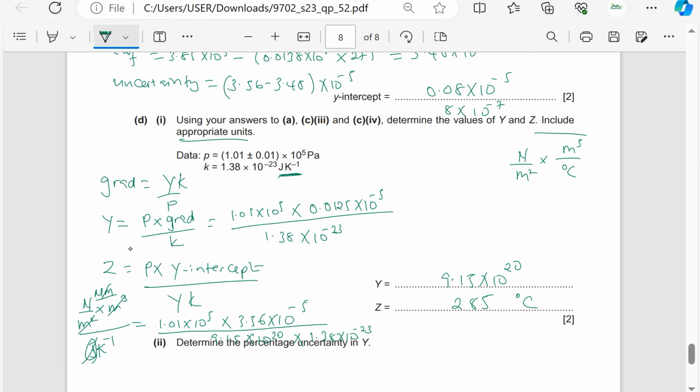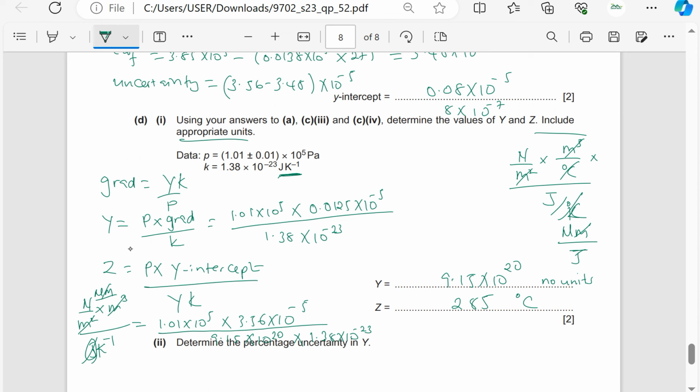Then K is joules per Kelvin. Remember, a change in Kelvin on the Kelvin scale is the same as a change in degrees Celsius. So this can be joules per degree Celsius. So degrees Celsius cancels out. This reduces to newtons meters divided by joules, but Newton meter is the same as the joule, so it means this one has no units.